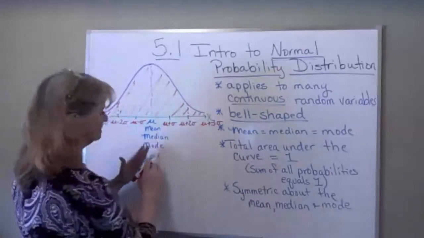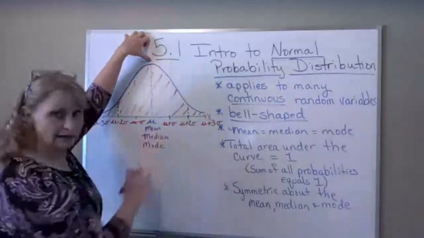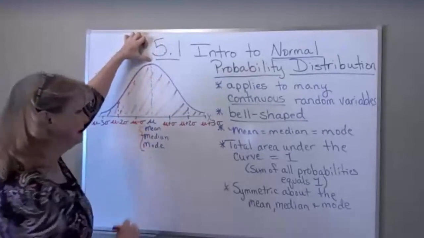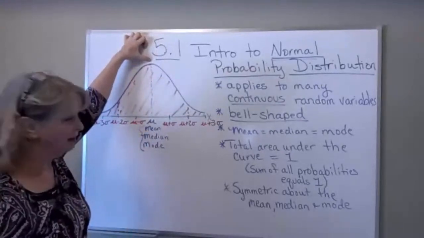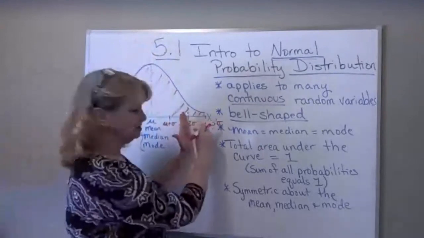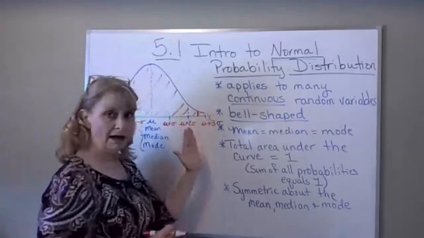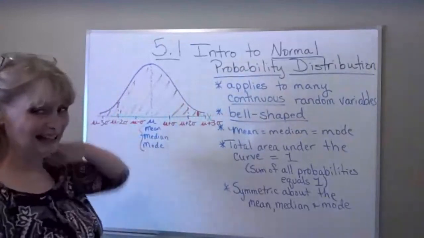So notice the place where the curve is the highest is at the mean, median, and mode. That means that these three things have the highest probability of occurring. Anything over here more than 2 standard deviations, do you see the height of the curve there? That has to do with how likely it is.